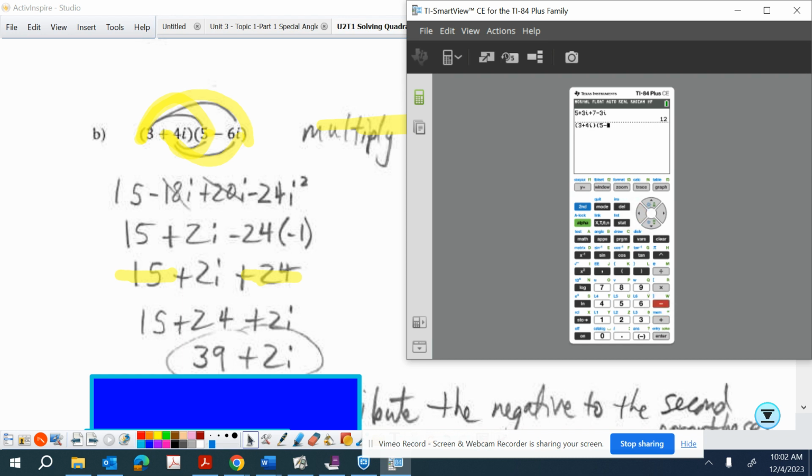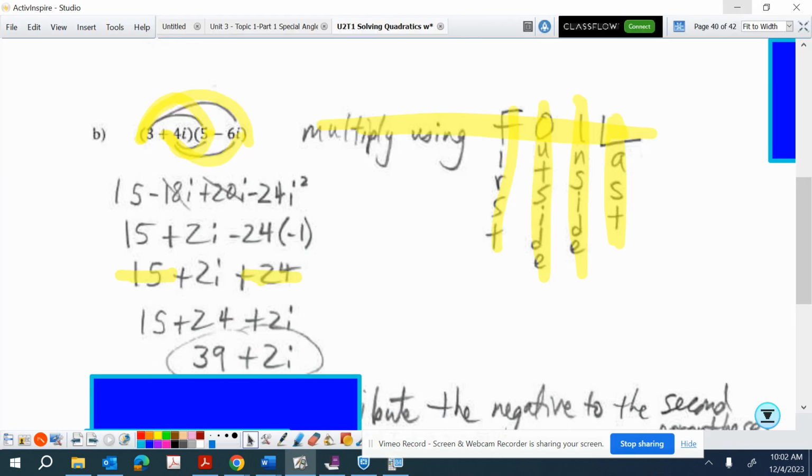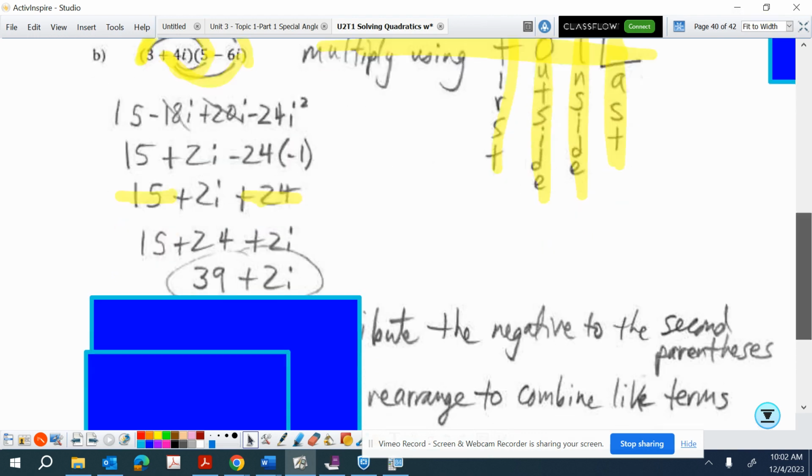Okay, you prayed for me, but it didn't work because my fingers are too fat. All right. Hit enter, enter, enter. There we go. 39 plus 2i, which was the same answer we had before.